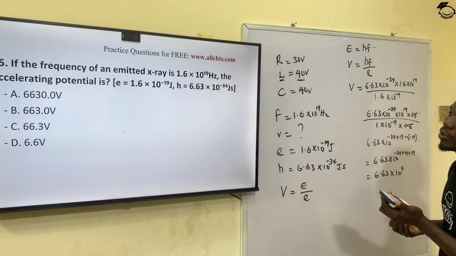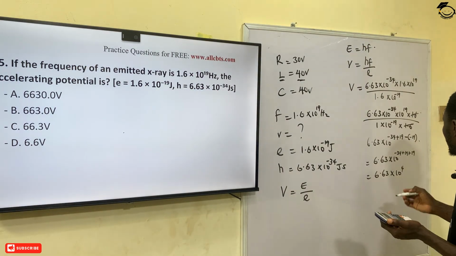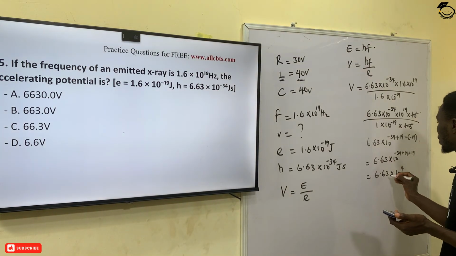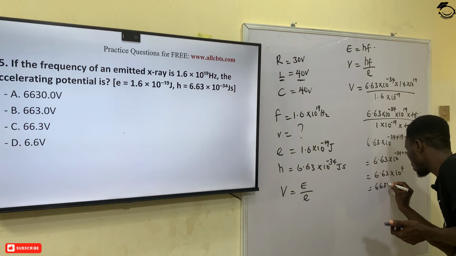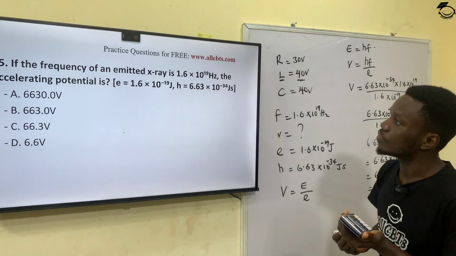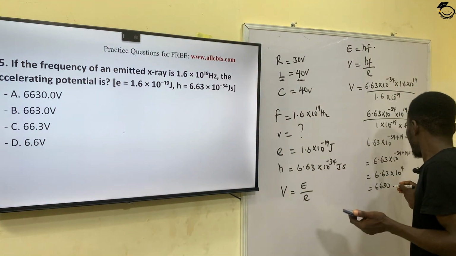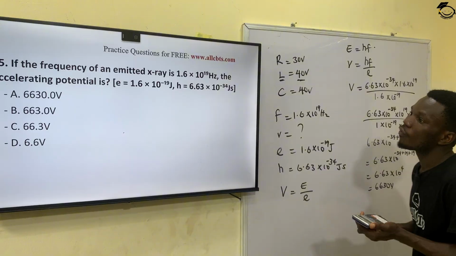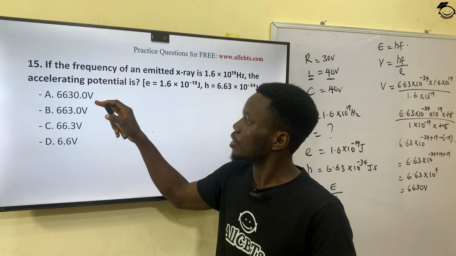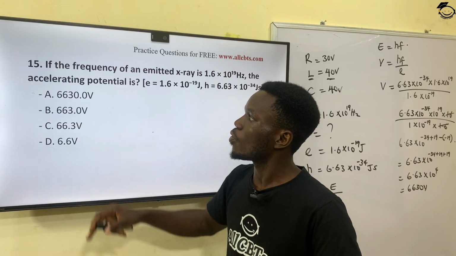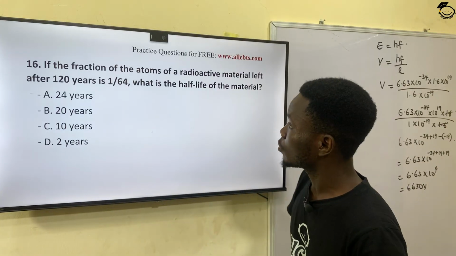So looking at our options, okay, we remove it from standard form. So this gives me 6630. So it means at the end of the day, what I'm going to be having is 6630 volts. So the correct answer to this question is option A, which is 6630 volts. Moving on to the next question, which is question number 16.